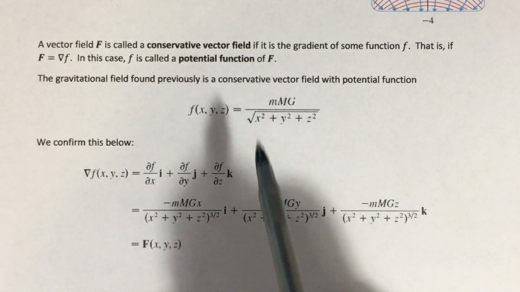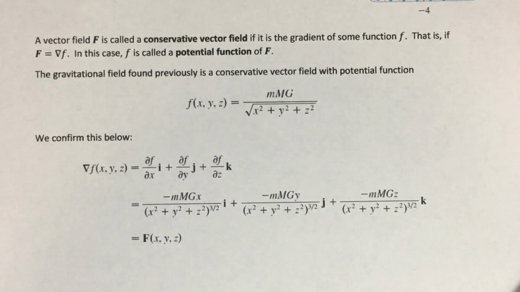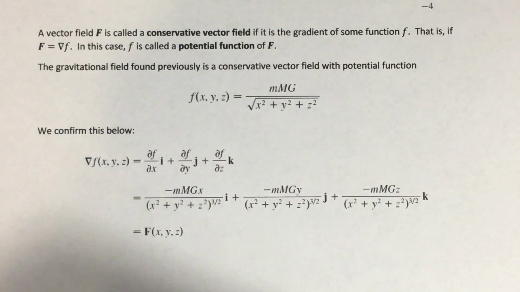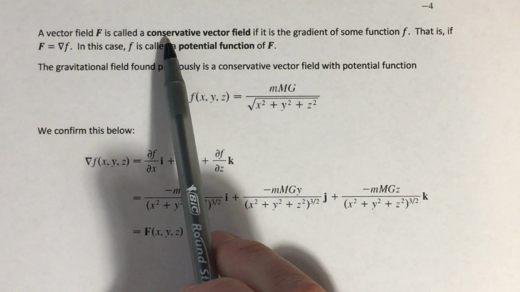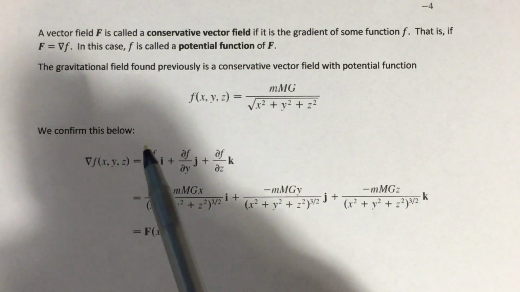So let's wrap this up by showing that the gravitational force field we talked about before is in fact a conservative vector field. Right now, because we don't have any theorems for determining whether something is a conservative vector field, the only way we can do this is from the definition.